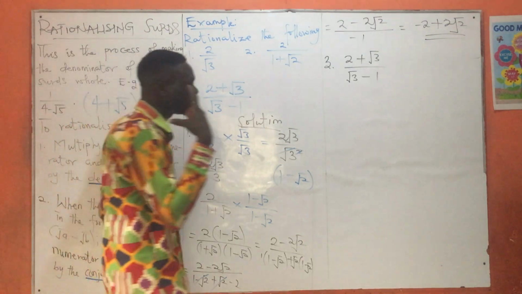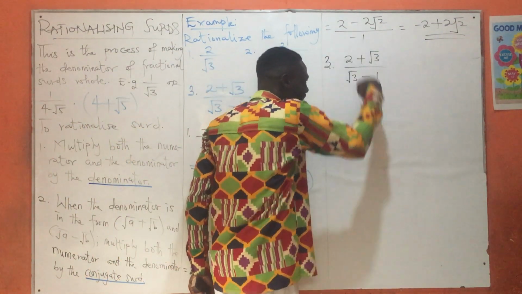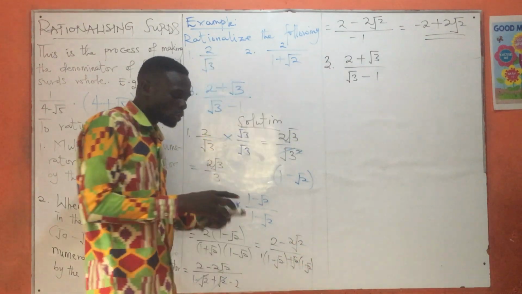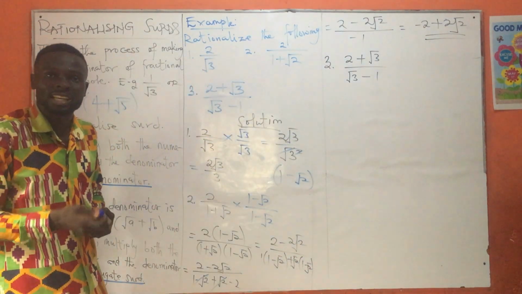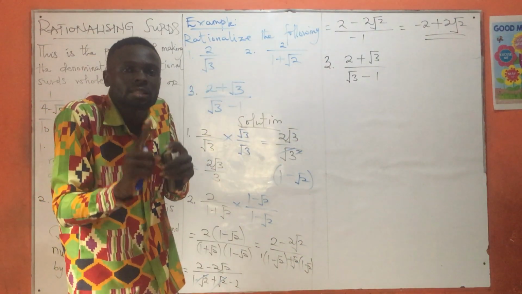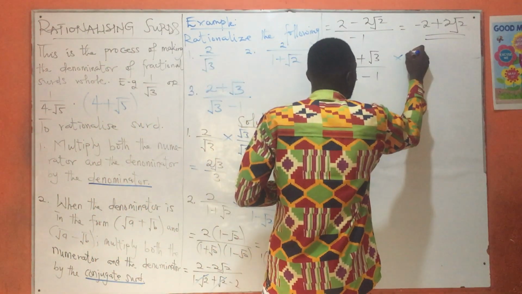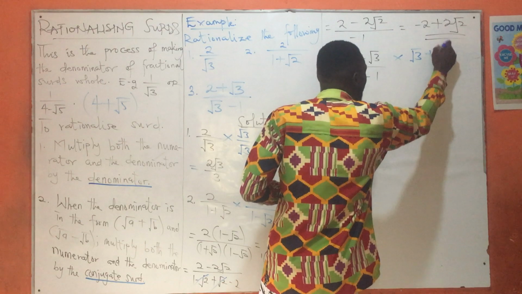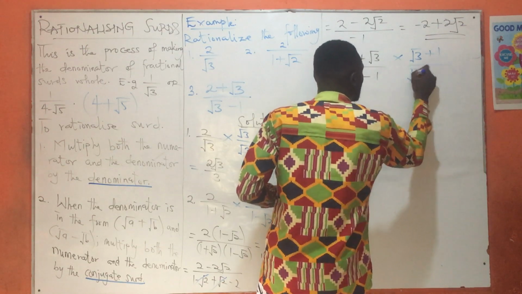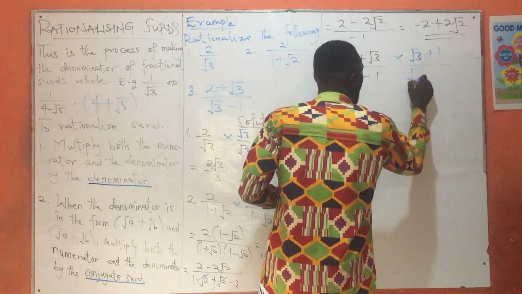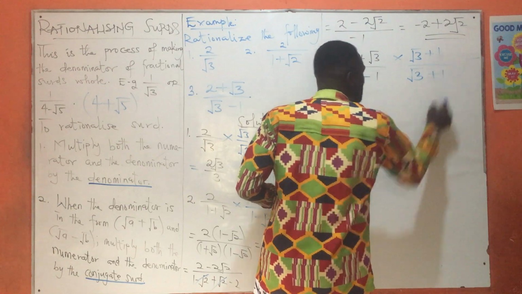What is the conjugate surd? This is root 3 minus 1. So the conjugate surd is going to be what? Root 3 plus 1. So we will multiply this by root 3 plus 1. Then we also multiply the denominator by root 3 plus 1.